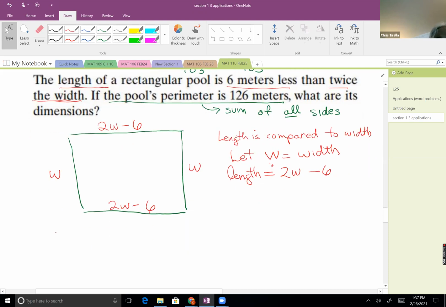And again, for the perimeter, I'm going to add all the sides, W plus 2W minus 6 plus 2W minus 6. And I know that that's 126.